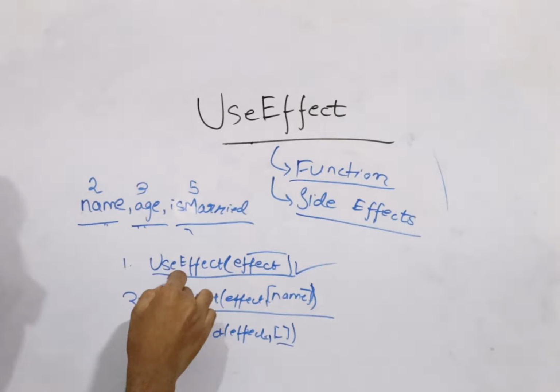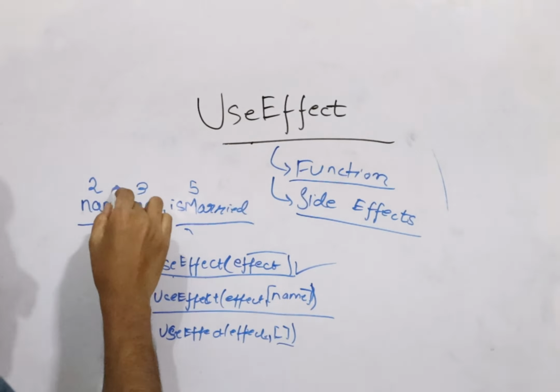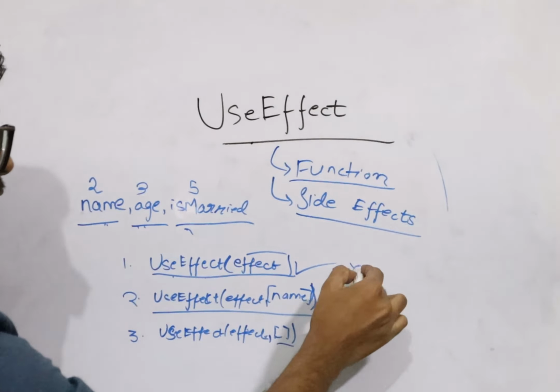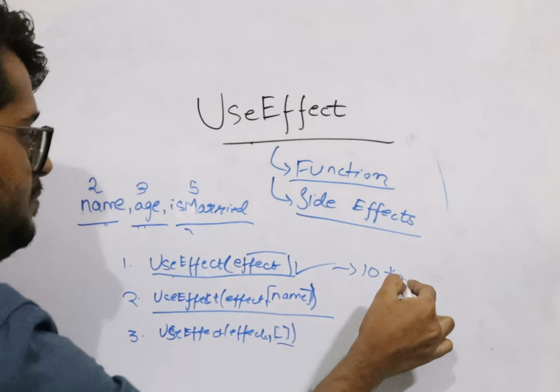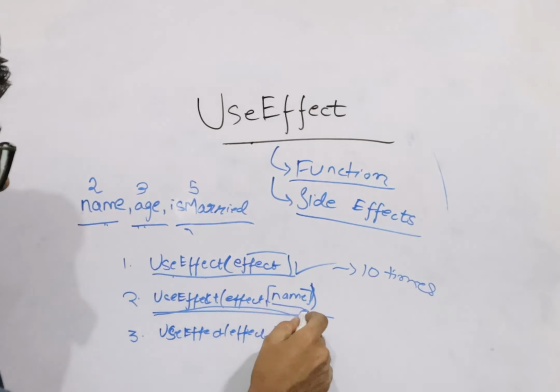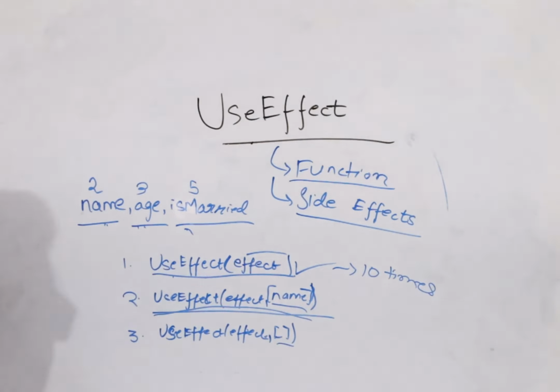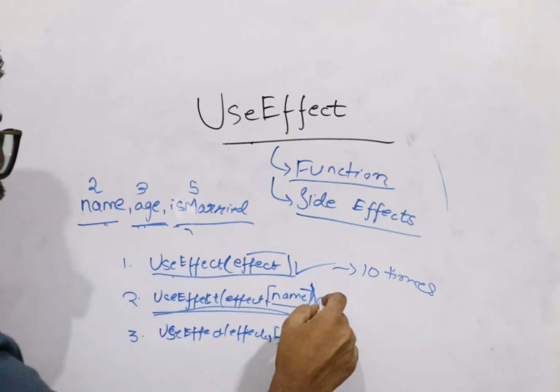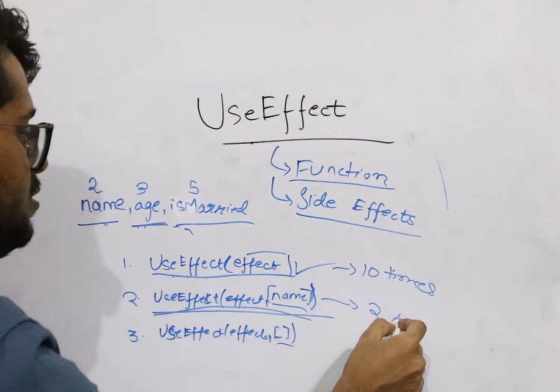Our useEffect hook in the first case will run 2 plus 5 plus 3, which is 10. This will run 10 times. In the second case, we only have name in the dependency array. So this will run only when the name changes, not when these two change. So we will have this as 2 times.